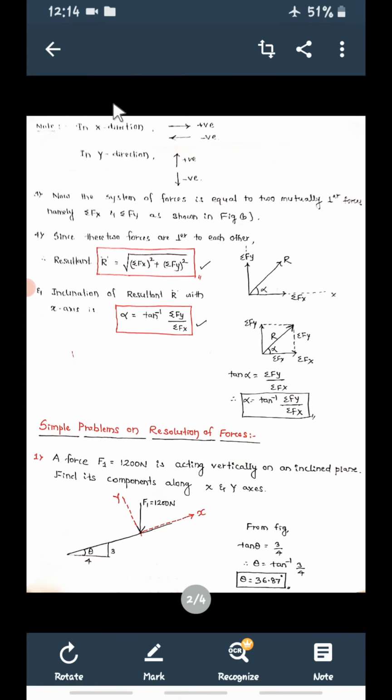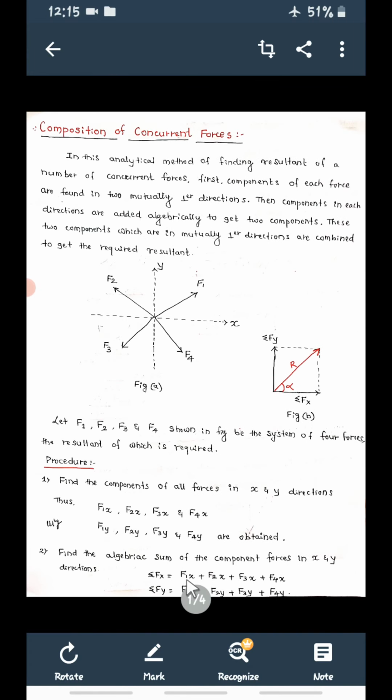In the horizontal direction, suppose it is resolving in x direction, remember, if the force is moving in this direction, it is considered as positive. If it is moving from left to right, it is considered as negative. From this direction, it is positive.